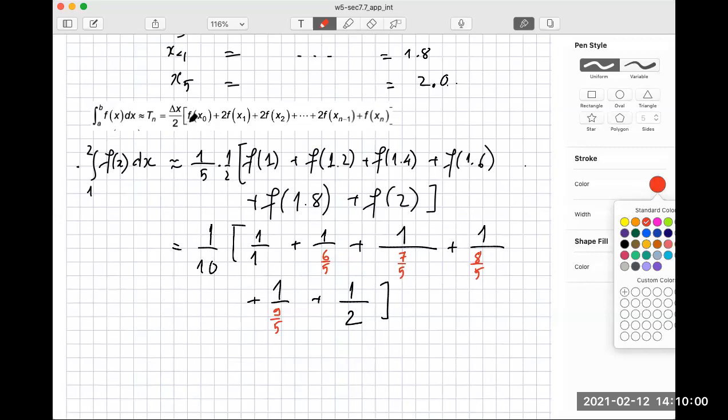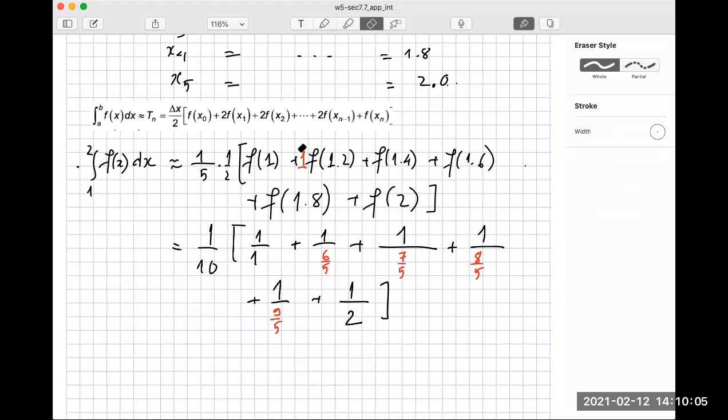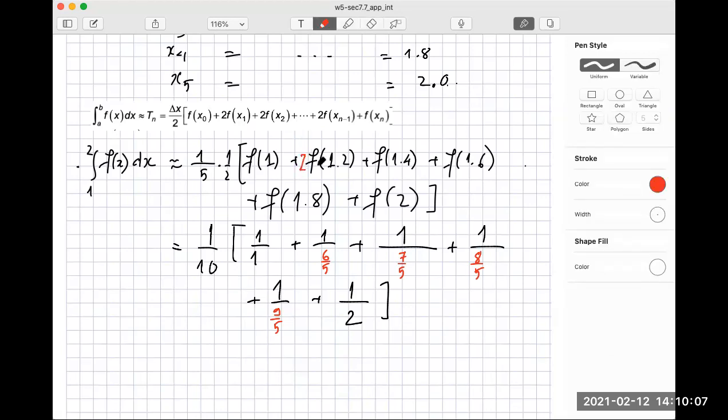The coefficient here is 1 and then 2 here, right? 2 of these, 2 of this, and 1 here. Very good. Therefore, this guy is 2 times this. Okay, good job.